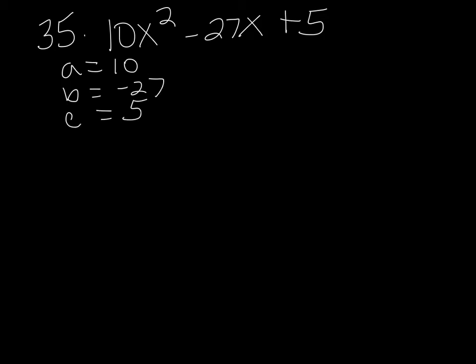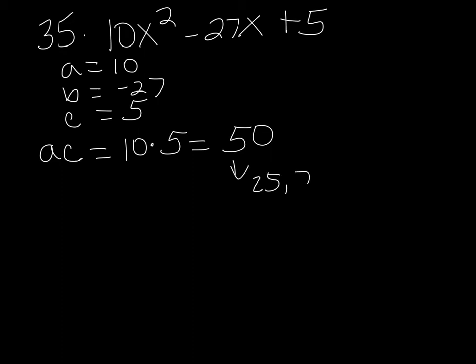Then I'm going to use my AC method, multiply a and c, and I get 50. Now think about 50. What do we have for multiples of 50? Well, 25 and 2 comes to mind right away. Can you put 25 and 2 together now to get a negative 27? And the answer is yes.